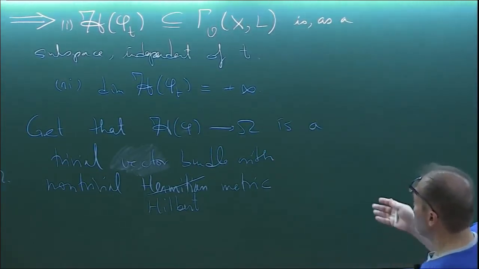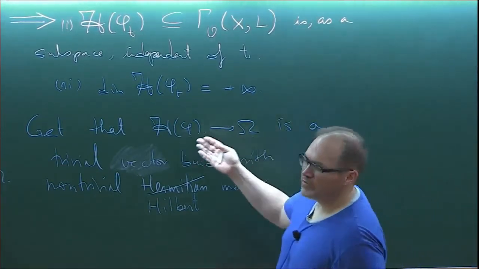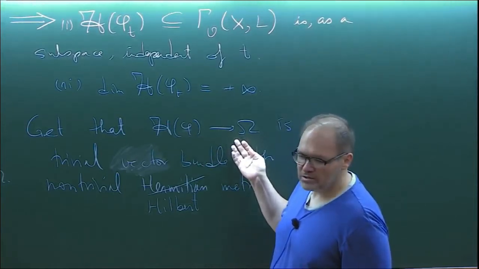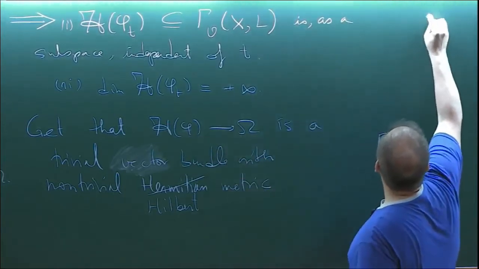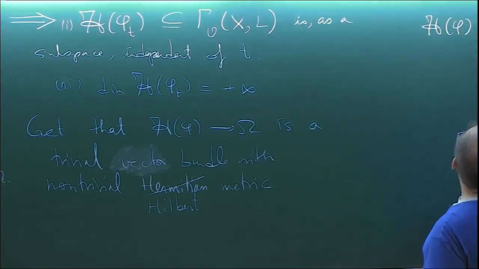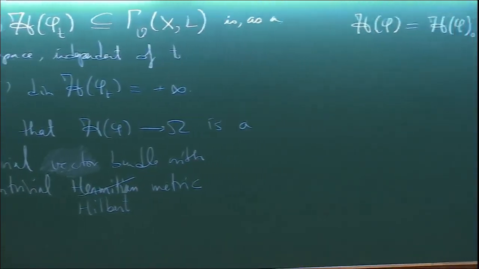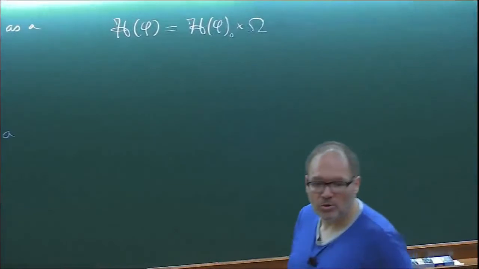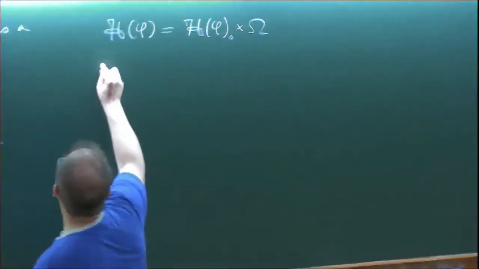Okay, so I mentioned that it's a holomorphic vector bundle simply because it's a product. If we're calling it trivial, it's H phi sub 0 cross omega, and the projection map is just a projection to omega. But still, I want to describe the holomorphic structure in a more productive way.